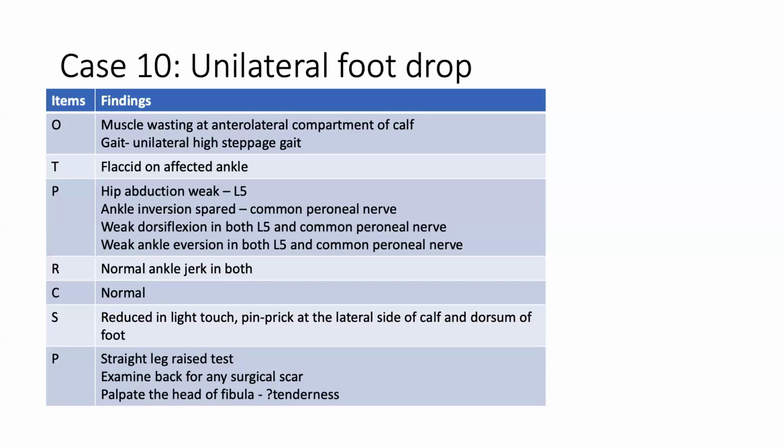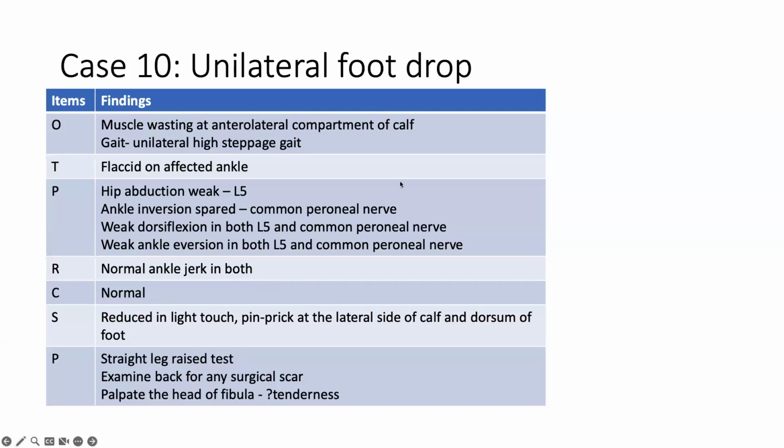One caveat is that the reason why you want to look at gait is not just high steppage gait, but if somebody has a foot drop and also has a circumducting gait, then that foot drop is unlikely to be due to L5 or common peroneal nerve palsy. It's likely to come from the cord or from the brain itself. So always look for circumducting gait, but that's just an extra point. Most important, look for high steppage gait, flaccid on the affected ankle.